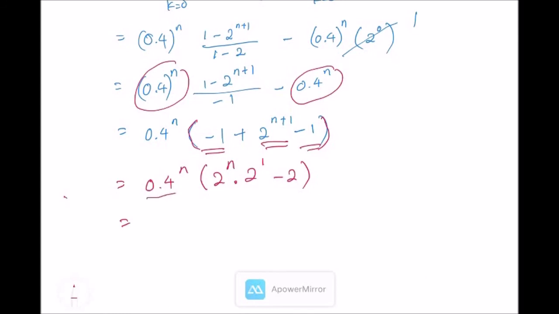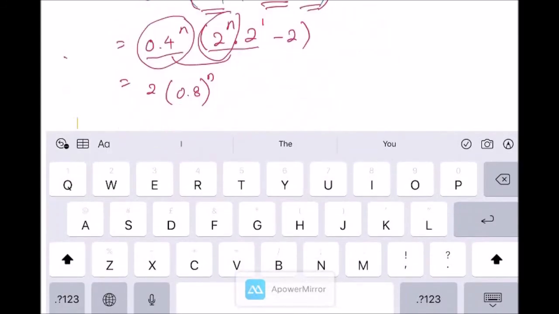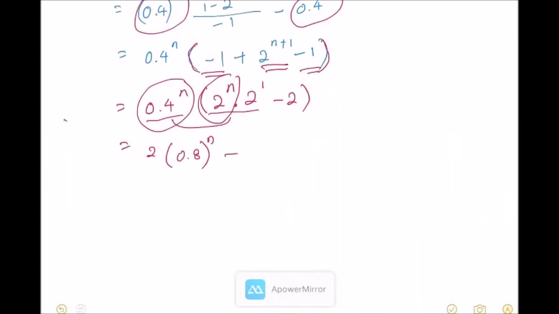You multiply this one and this one, you get 2 times 0.8 power of n, minus 2 times 0.4 power of n.